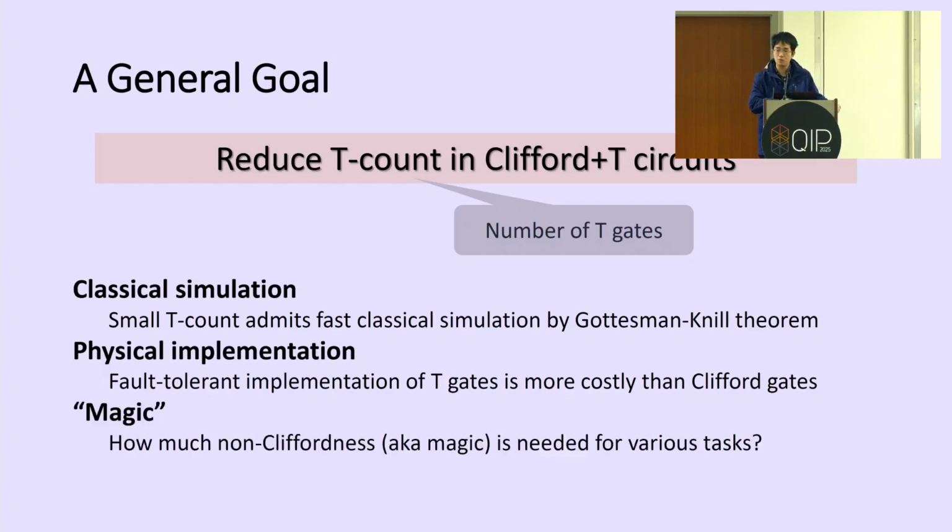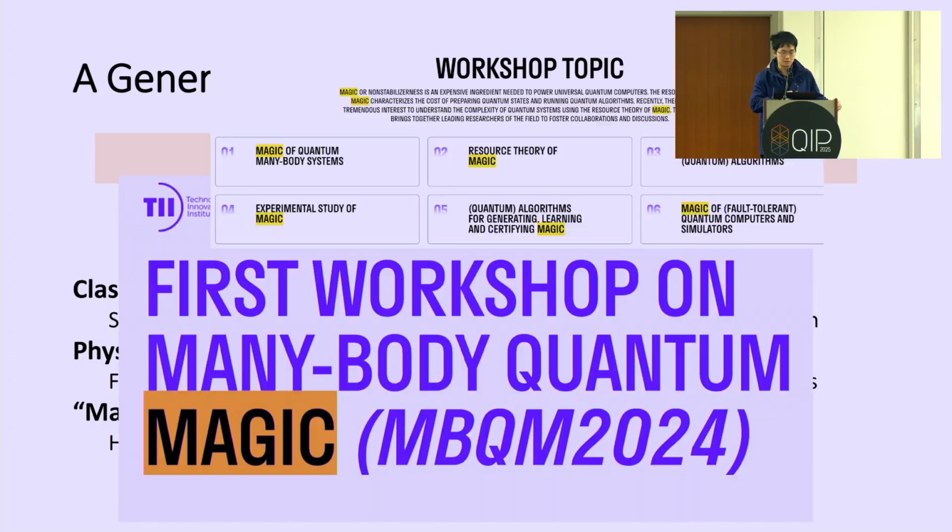That is, we want to understand how much non-Cliffordness is needed for various tasks. Because as you can see by the Gottesman-Knill theorem, if you don't have non-Clifford gates, then it's purely classical. So people want to understand how much non-Cliffordness you need, aka magic. And there was a whole workshop last year working on quantum magic. So yeah, these are the motivations.